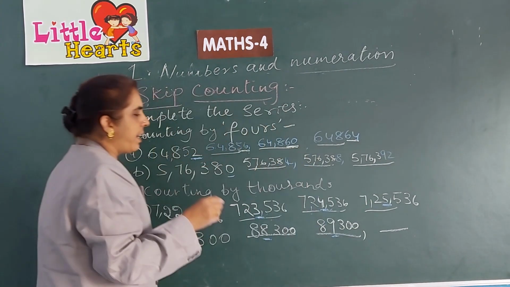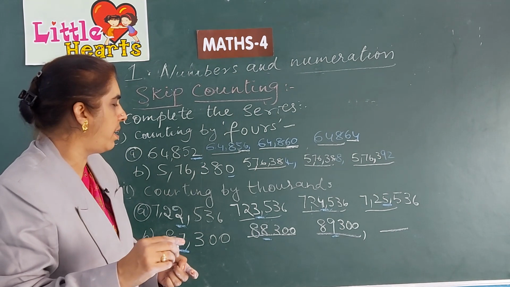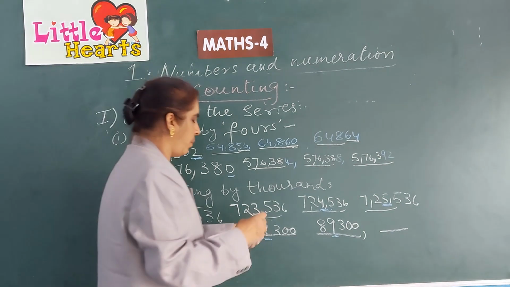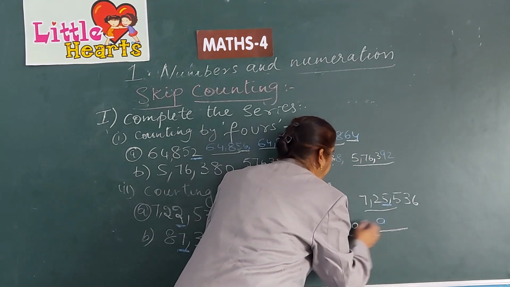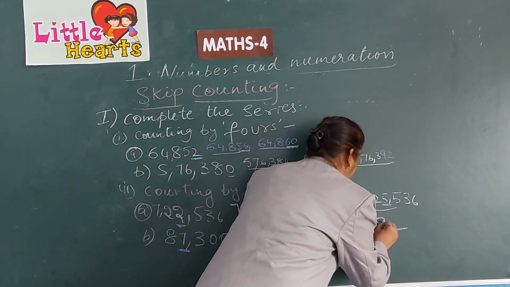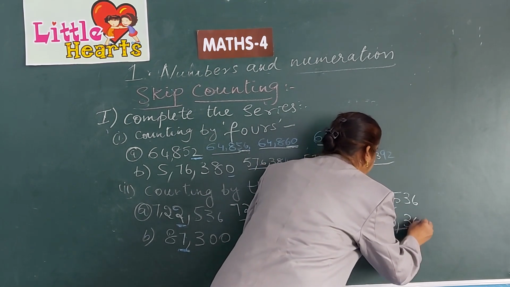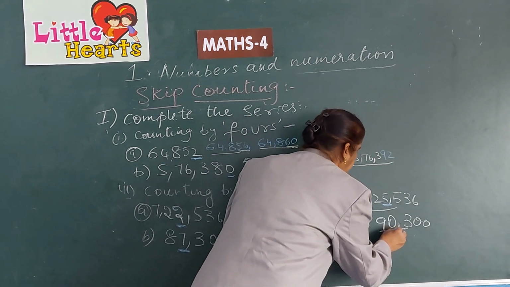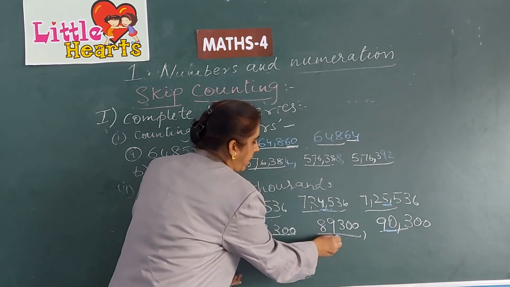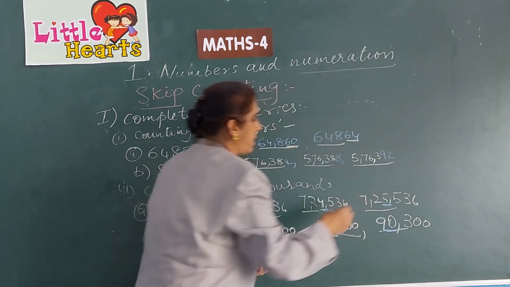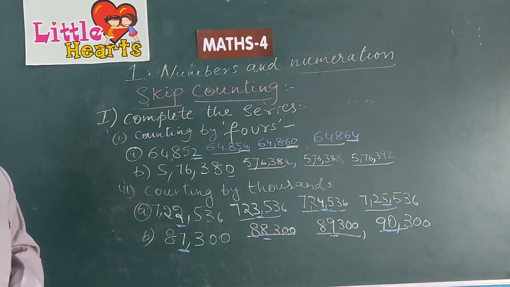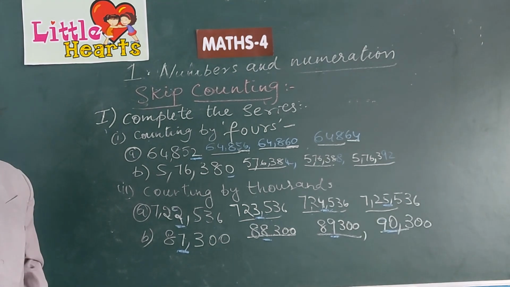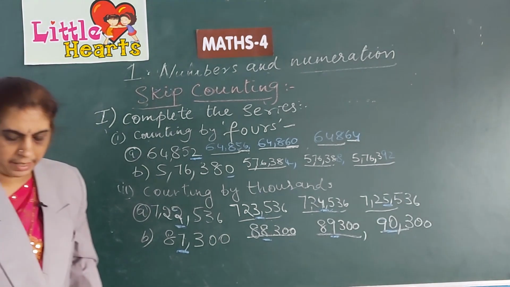After 89,000, what is the next number? 90,000. So 90,300. The thousands place digit is increased by 1 and you got this number.